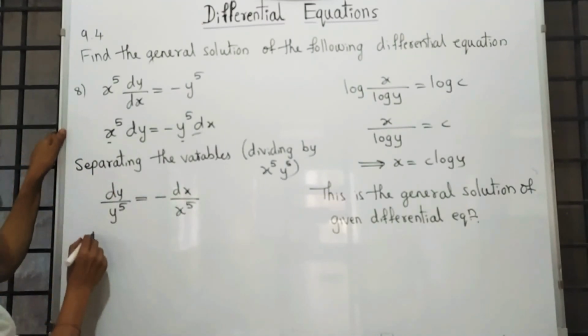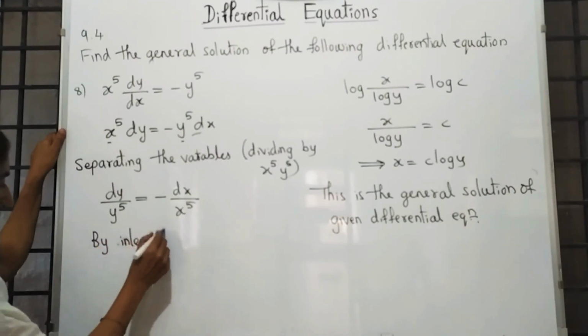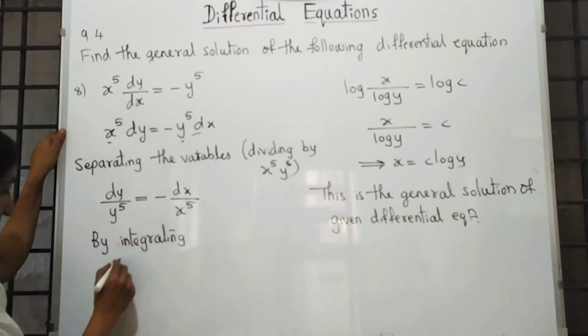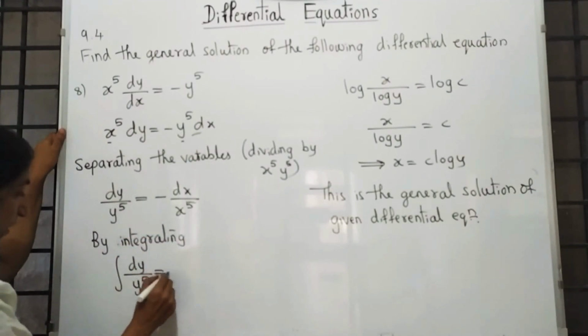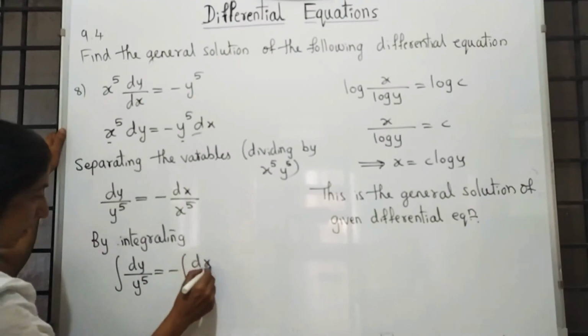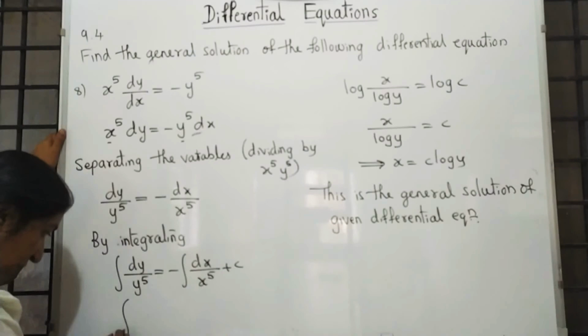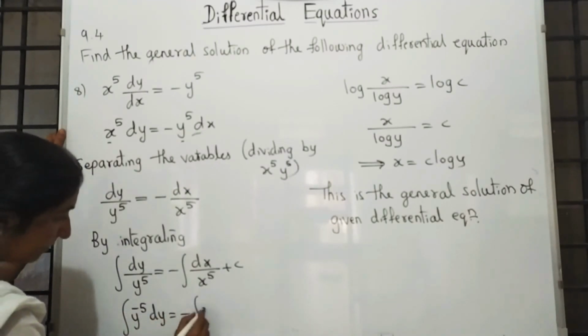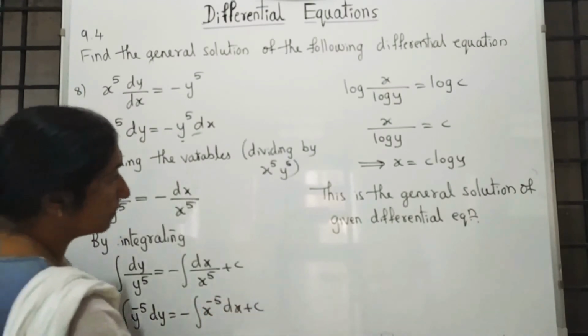They are separated. See, are they very simple or what? By integrating, dy upon y raised to 5 is equal to minus dx upon x raised to 5 plus c, or for our convenience we can write like this. Now go for integration.